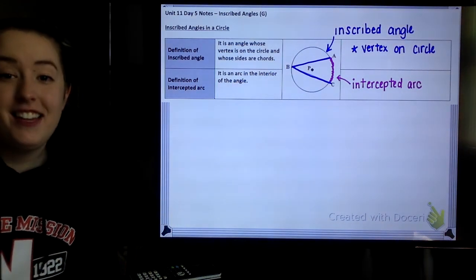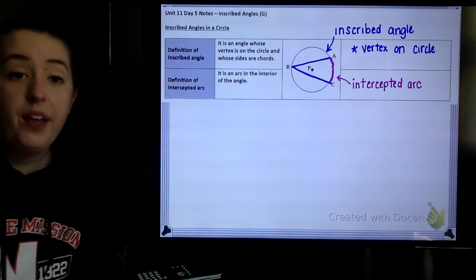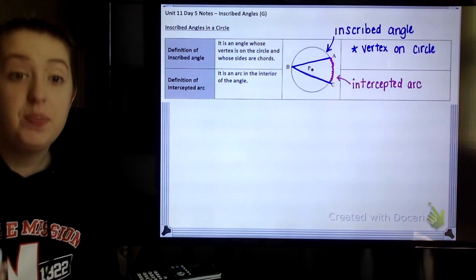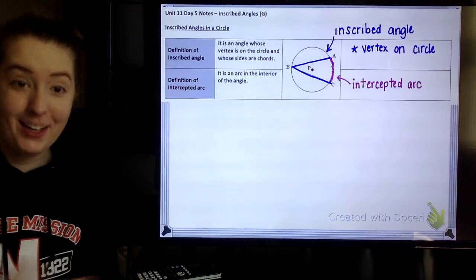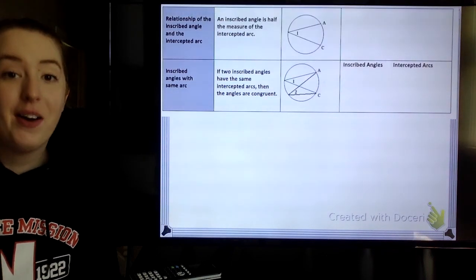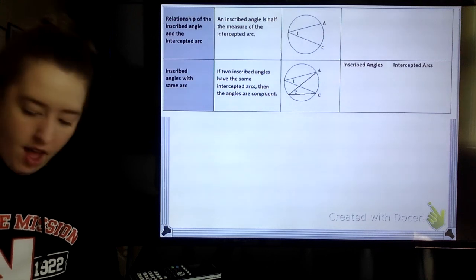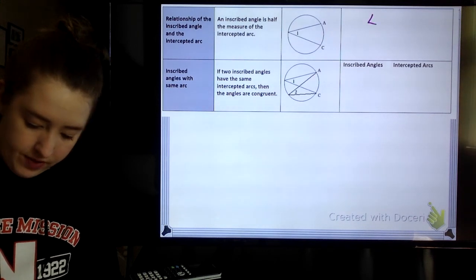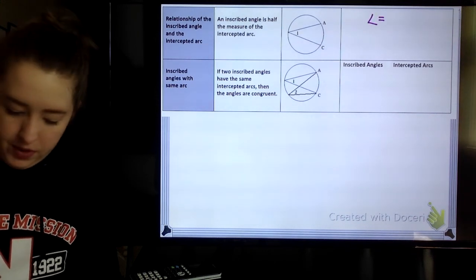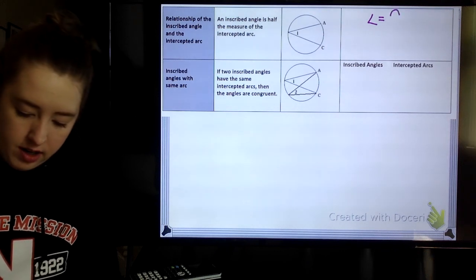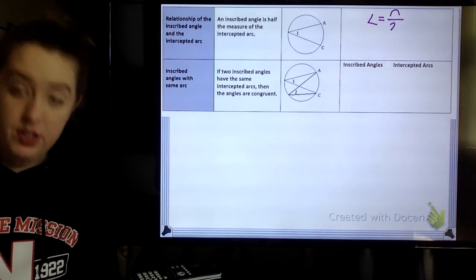Okay, good deal. So now we have relationships between these arcs and these angles. So how do we know what the measures of these angles are? Our angle is going to be equal to our arc divided by 2.